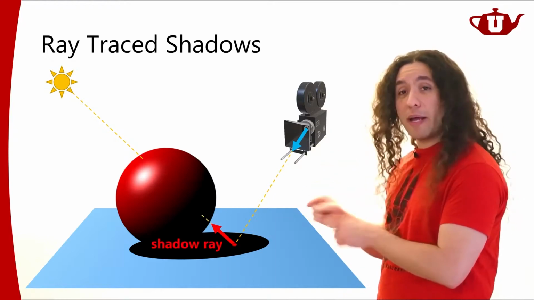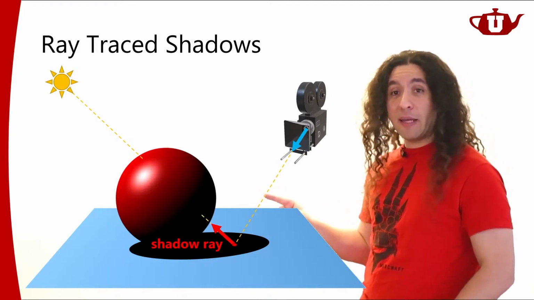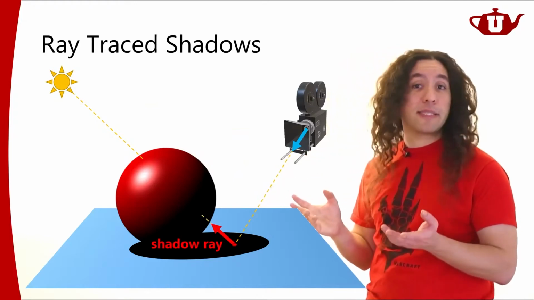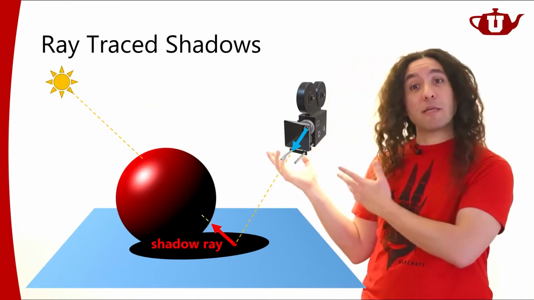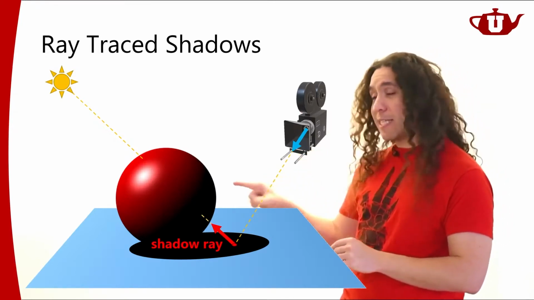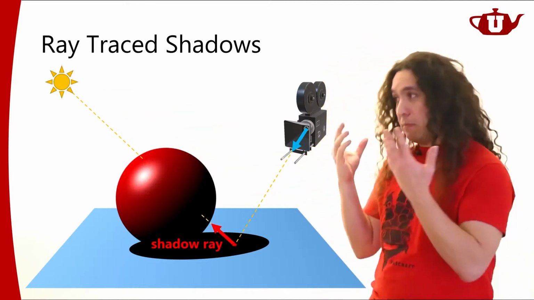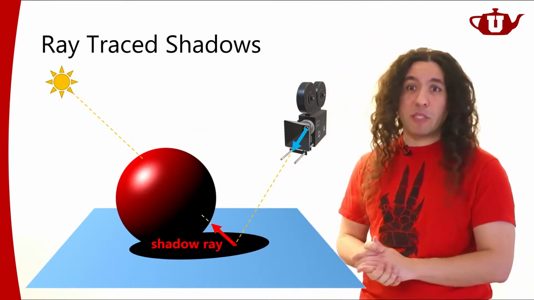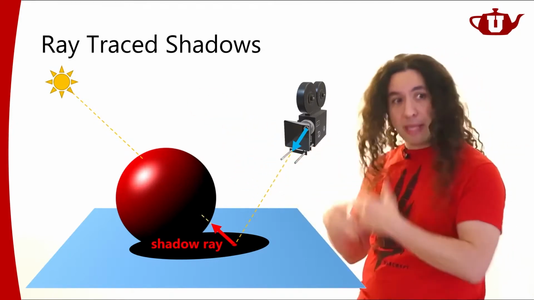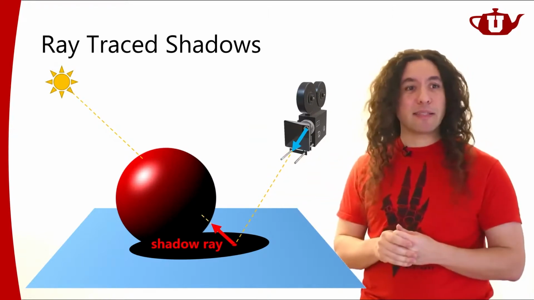If that shadow ray reaches the light source without intersecting with anything, then I'm going to say the light source is visible, the point is not in shadow. If that ray intersects with something before reaching the light source, I'm going to say, well, there's an object in between the point and the light source. That means the point cannot see the light source. That means it's in shadow. All right? That's the whole idea.